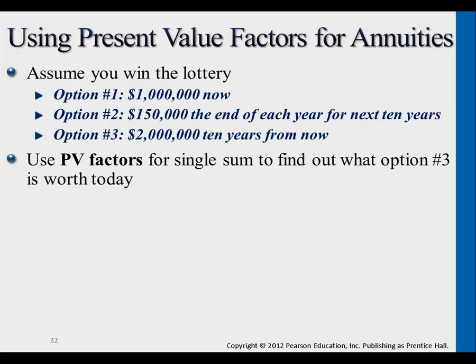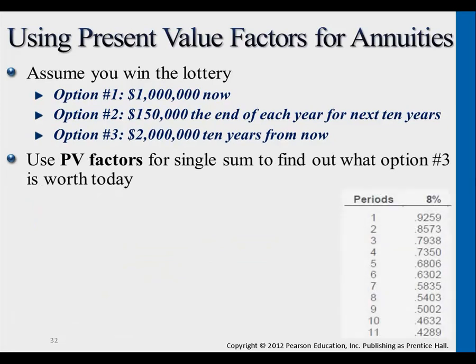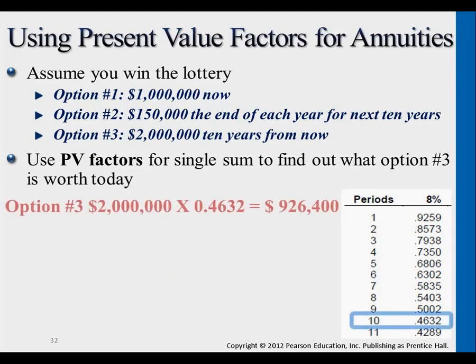So let's look next. Oh, hold on. Let's look at option 3. Option 3 uses our present value factors table. We'll take that 2 million and multiply it by whatever factor we find, and now we see it's $926,400.